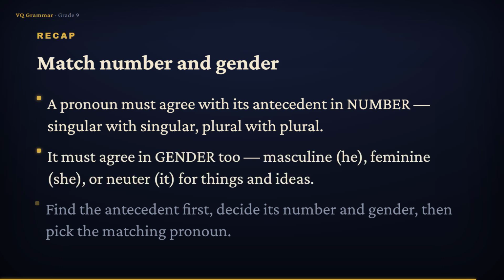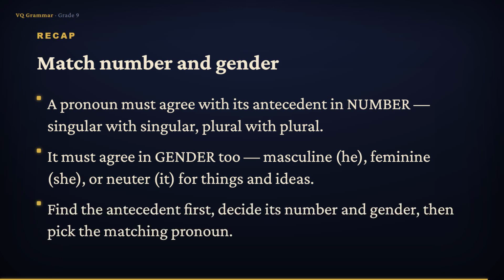Second, in gender, masculine with he, feminine with she, and neuter for things and ideas with it. And the surest way to get it right every time is to find the antecedent first, decide its number and gender, and then choose the pronoun that matches both. Do that, and those pesky agreement slips simply disappear.